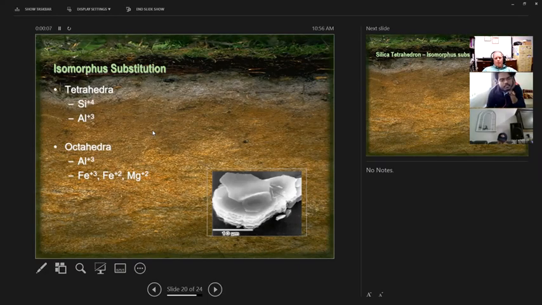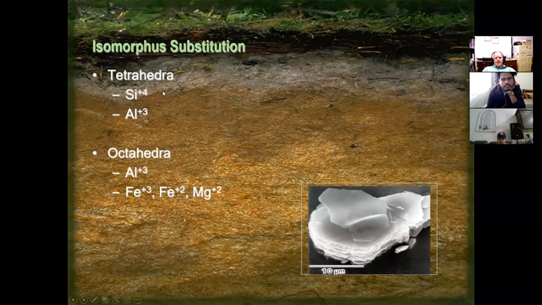All right, this is an important subject. Let me swap the display here. This principle of isomorphic substitution or isomorphous substitution is really foundational in soil science. So I want you guys to really understand this.